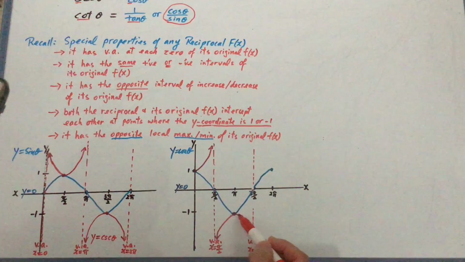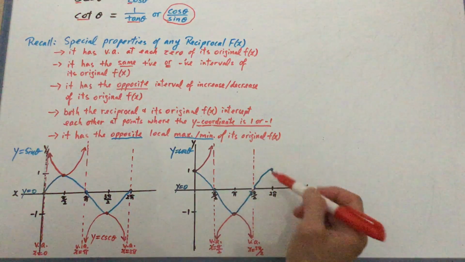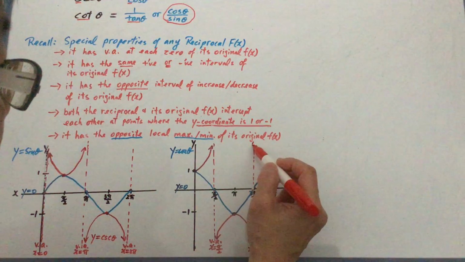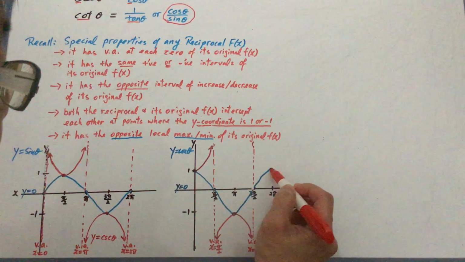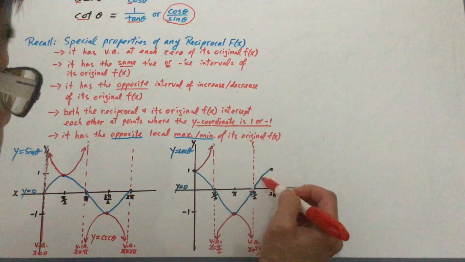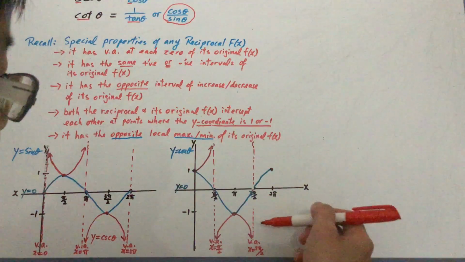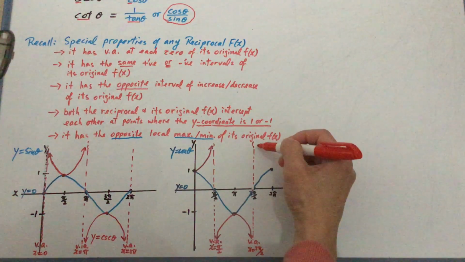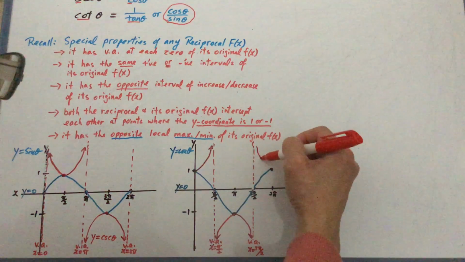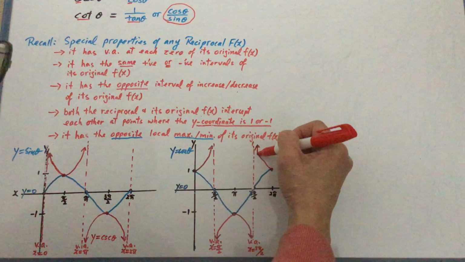Interval of increase, I have an interval of decrease. Okay, intercept each other at that point. And for the last part, again here, because I have the intersection point at the original at the y-coordinate equal to 1 over here, this part is in the positive interval, so it will not be down here for my reciprocal. And this is an interval of increase, so I will have an interval of decrease, intercept at this point, but I will have an arrow there.